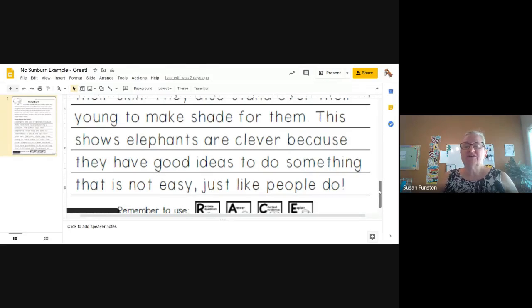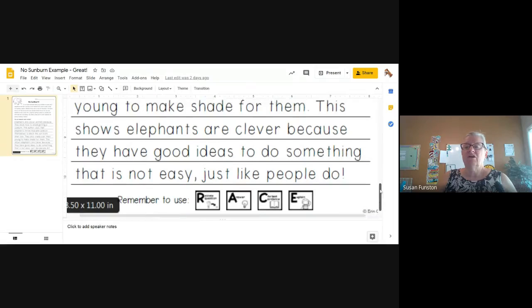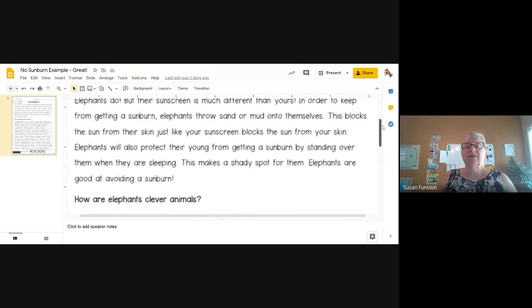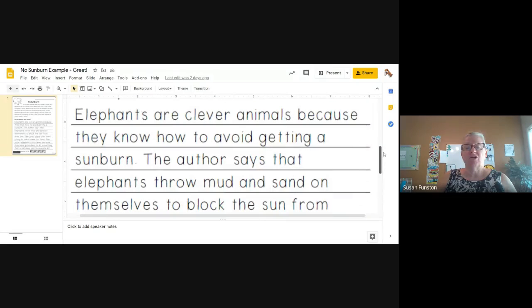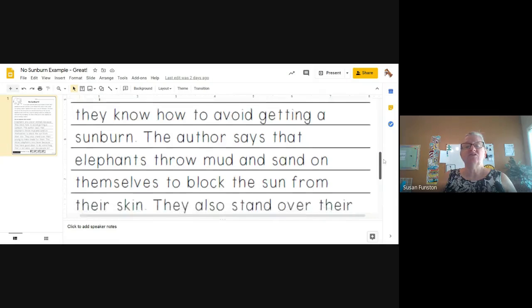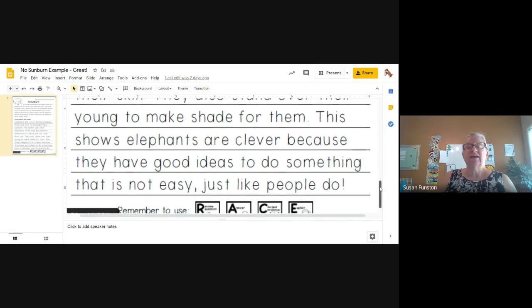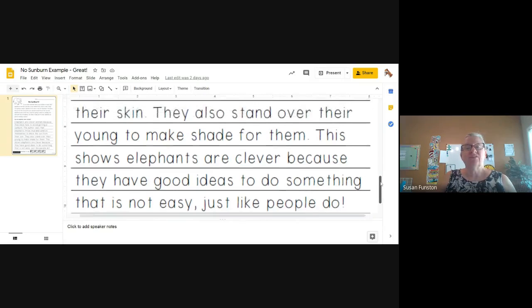This shows elephants are clever because they have good ideas to do something that is not easy, just like people do. So we did all 4 steps. We restated the question, we answered, we gave cite evidence by saying what the author said, and then we explained how that cite evidence shows that elephants are clever. Okay, so that's a great one.